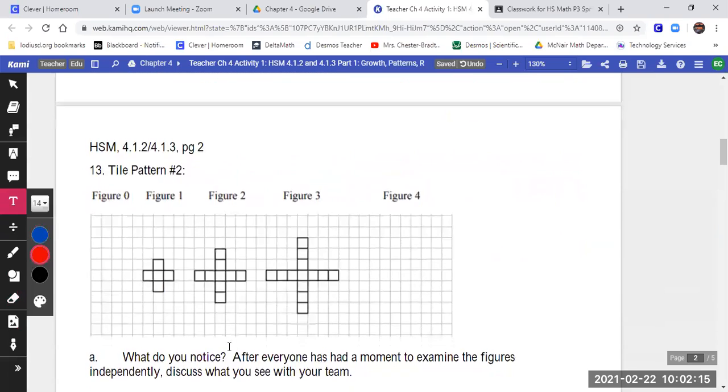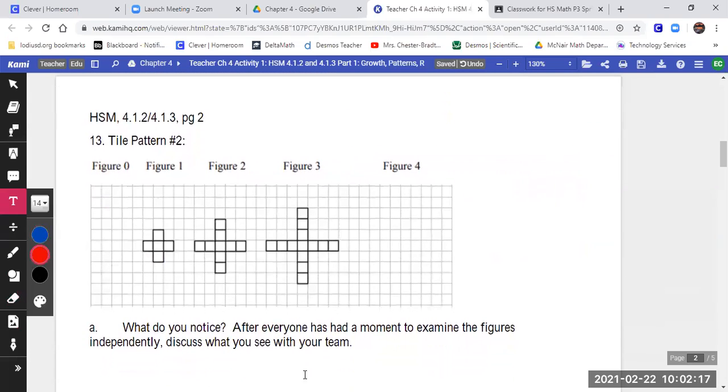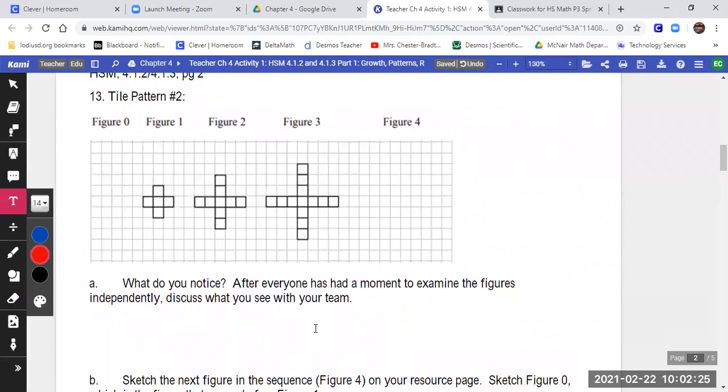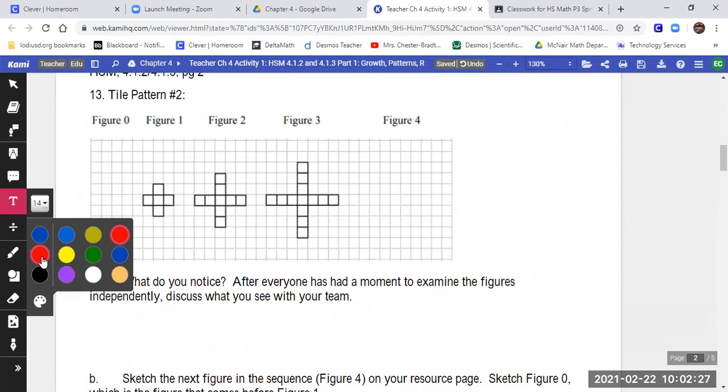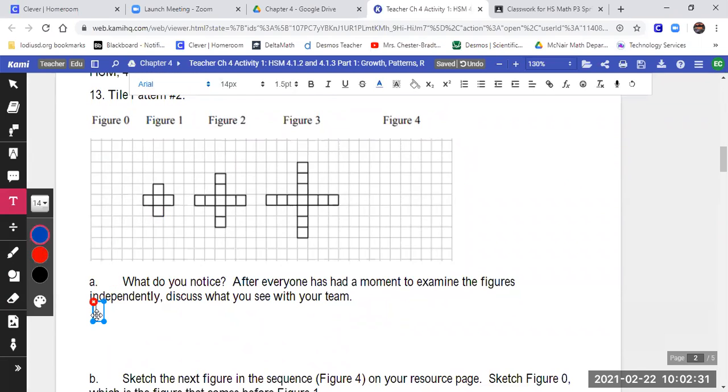Okay. So we're looking at our next pattern. First thing, take a moment. What do we notice? Be specific. Where are they adding things?